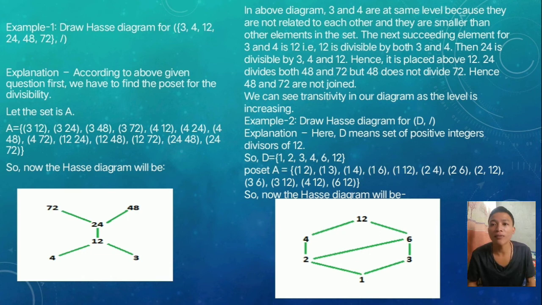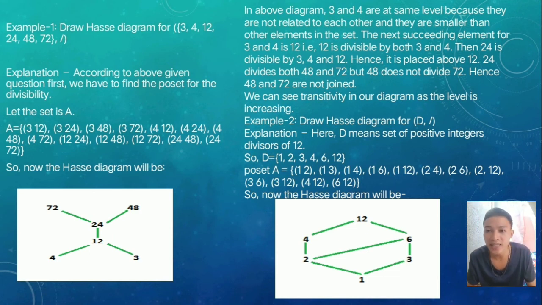Explanation. According to the question, first we have to find the poset under divisibility. Let the set be A. A is equal to the set of pairs (3,12), (3,24), (3,48), (3,72), (4,12), (4,24), (4,48), (4,72), (12,24), (12,48), (12,72), (24,48), (24,72).